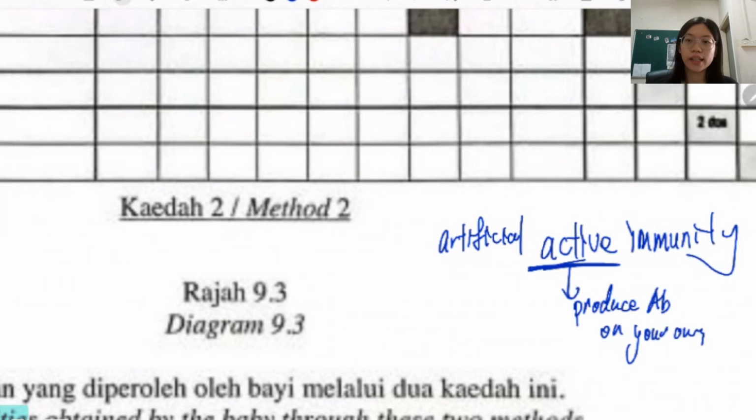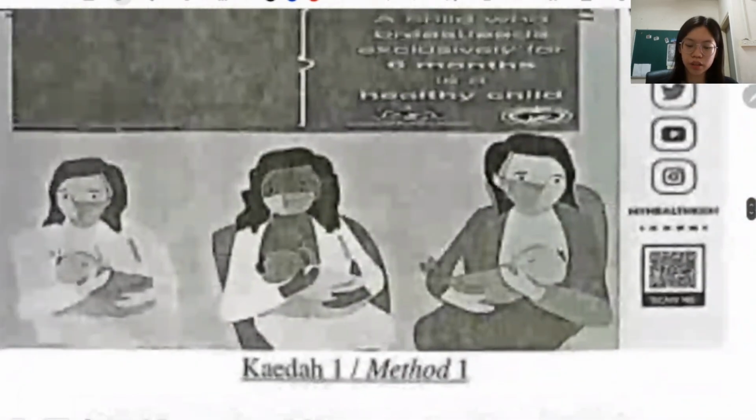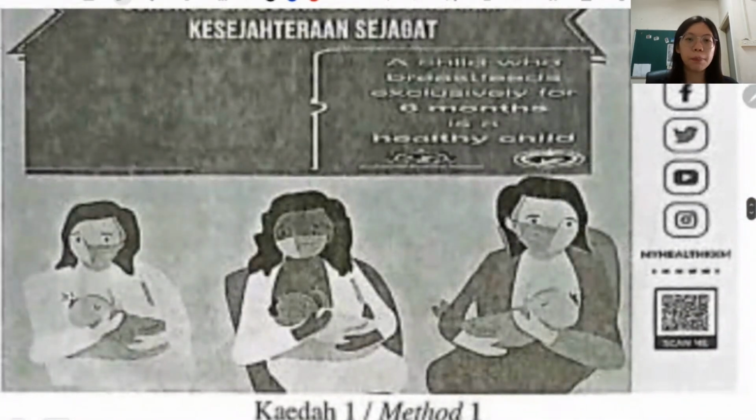But let's take a look at this breastfeeding right here. The mother's milk contains a lot of antibodies from the mother. The baby is basically sucking the mother's milk, the breast milk.